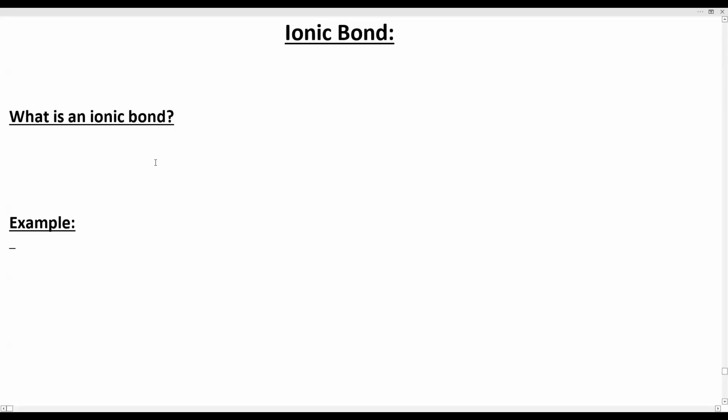In very brief terms, what's an ionic bond? An ionic bond is a chemical bond that is between, simplistically, without complicating things too much at the moment, a metal and a non-metal.